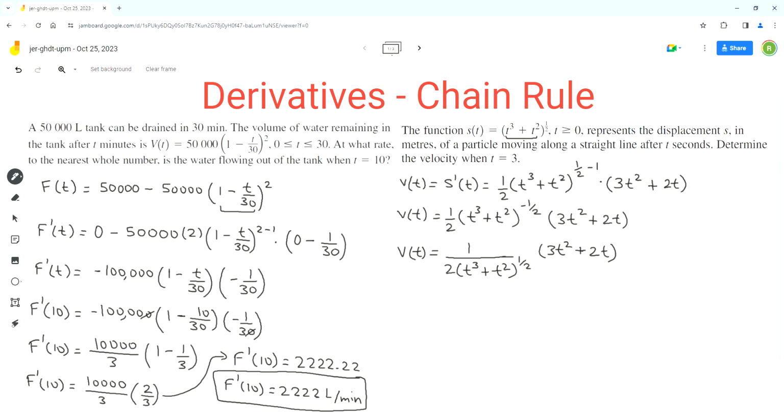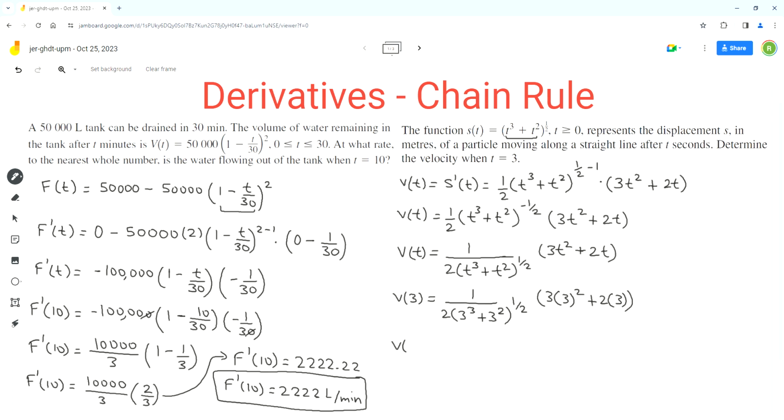Now we can find the value of the velocity by subbing in t equals 3. So we get v at 3 equals 1 over 2 times (3 cubed plus 3 squared) to the exponent half, times 3 times 3 squared plus 2 times 3. Now we can simplify this expression.